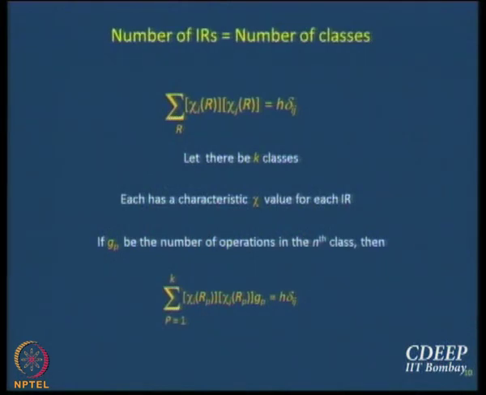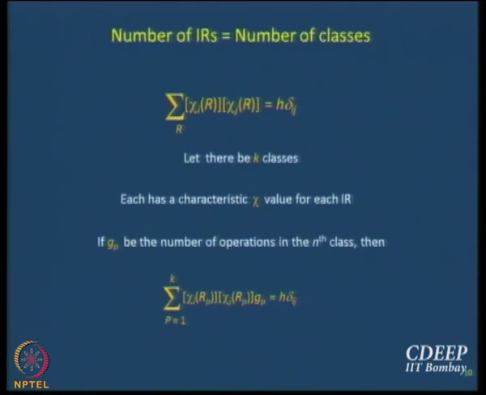The total number of irreducible representations is the number of classes. Once again, we are going to discuss it in a little more detail when we come back. This also arises out of the condition that has to be satisfied by a set of orthonormal vectors. But the answer that we need to work with is that the number of IRs is the number of classes.